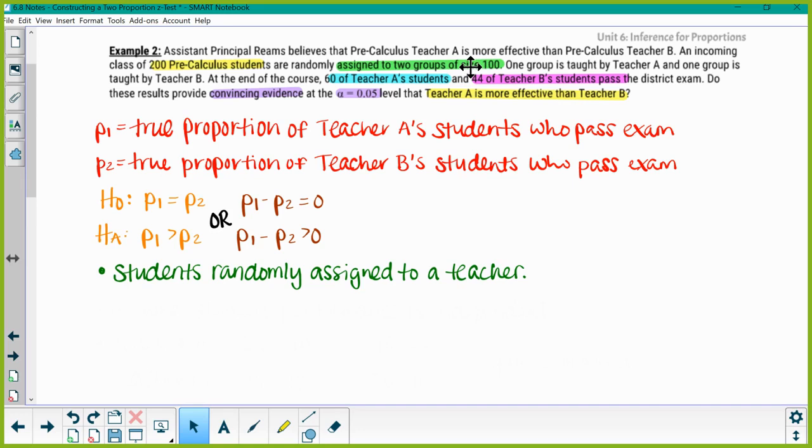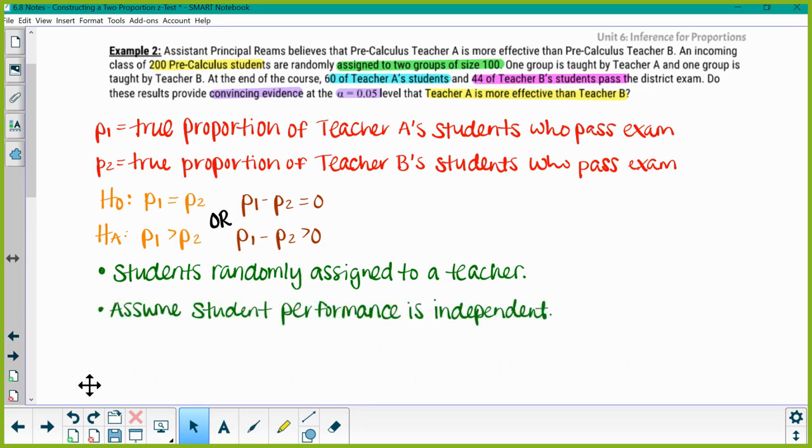But what I can say is the student performance is going to be independent, meaning one student is not going to affect the performance of another student in theory, as long as they're not cheating, which they should not be. Knowing that one student passes is not going to necessarily ensure that the other student passes.